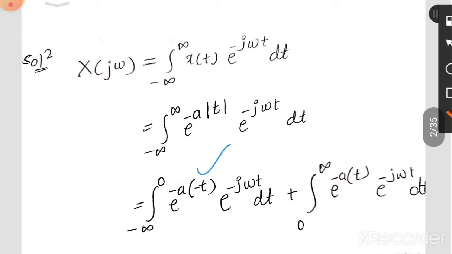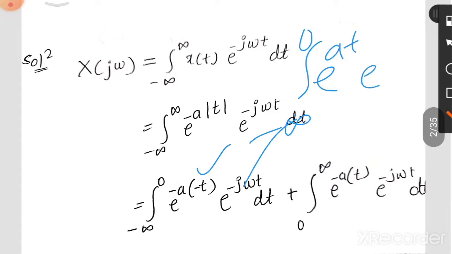Substitute t equal to minus t and simplify this. It will be minus infinity to 0 and e raised to minus a into minus t, which is plus a into t, into e raised to minus j omega t as it is. And in this case from 0 to infinity t is positive, therefore e raised to minus a into plus t will be e raised to minus at into e raised to minus j omega t dt.